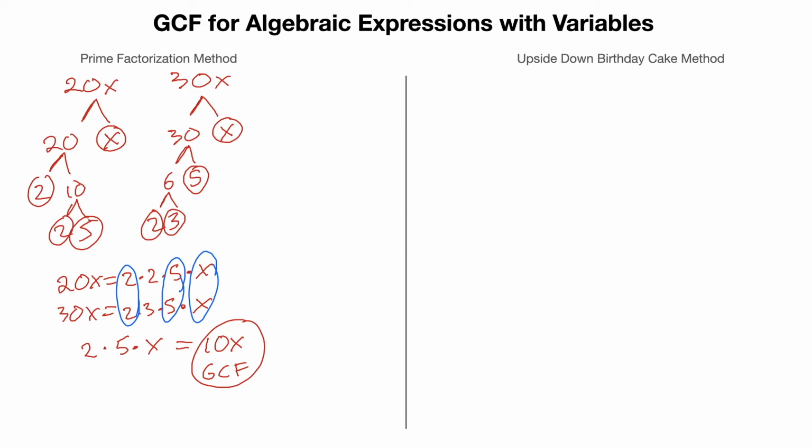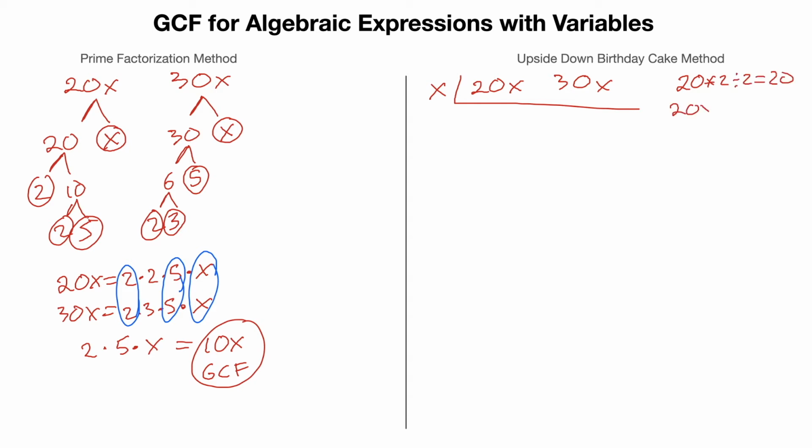If we're doing the upside down birthday cake method with this, we would do 20x and 30x. We would draw our layer. I like to take out the variables first, so I'm going to put the x right here. So I'm dividing by x. Now, just to remind us, if I had 20 times 2 divided by 2, that's going to equal 20.